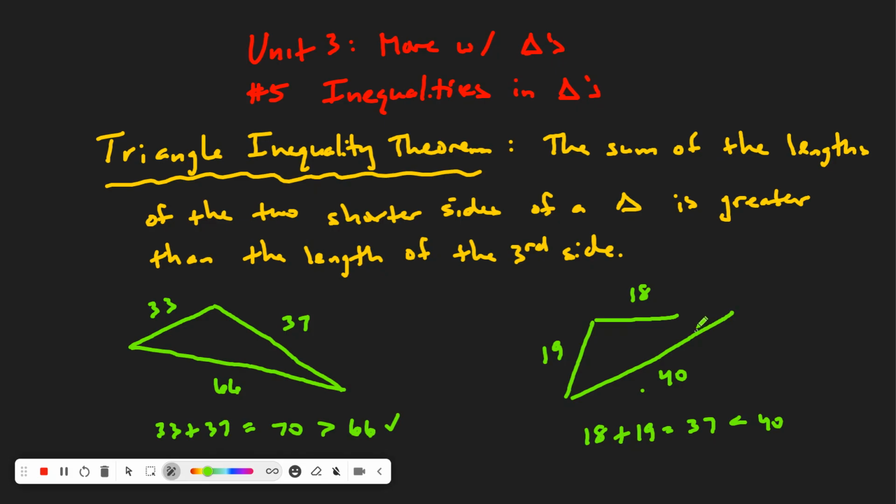So now notice, because this inequality relationship is not followed, we have this gap right here, right? The two sides cannot close that gap and make a triangle. All right, so again, this is called the triangle inequality theorem. So over here, this is not a triangle.